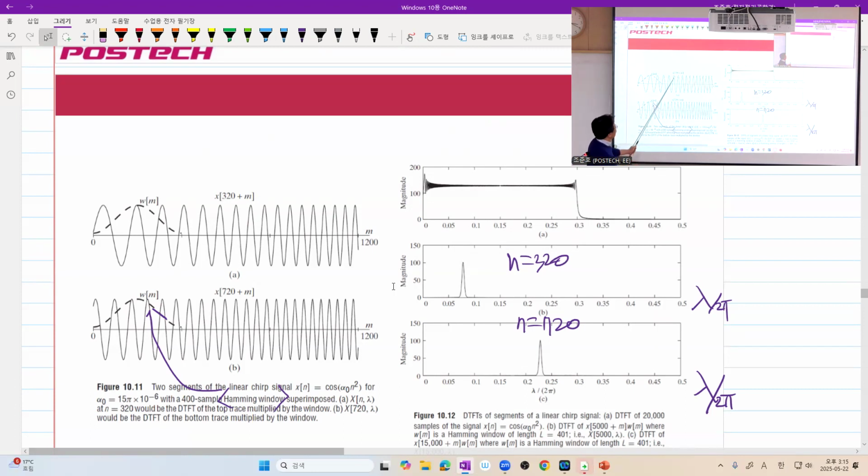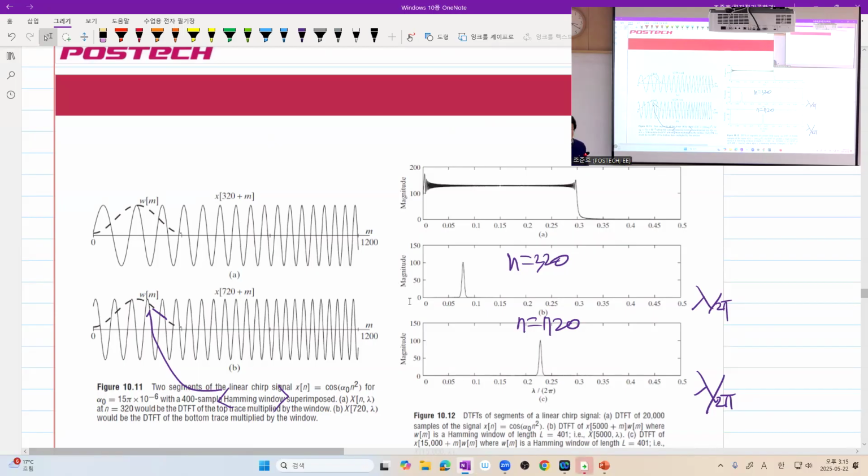Now we choose 720. What does that mean? We advance the signal. So this signal is advanced. So this higher and higher frequency part is now windowed by this window. And then we perform DTFT. But you may say, what DTFT? Actually, we do DFT, possibly padding zeros and performing an N-point DFT. Then it's like we evaluate the DTFT at N points.